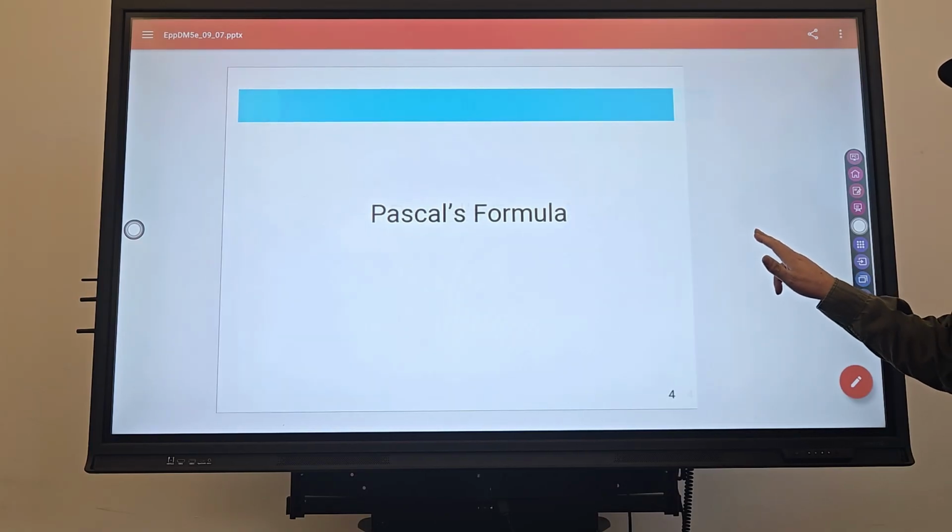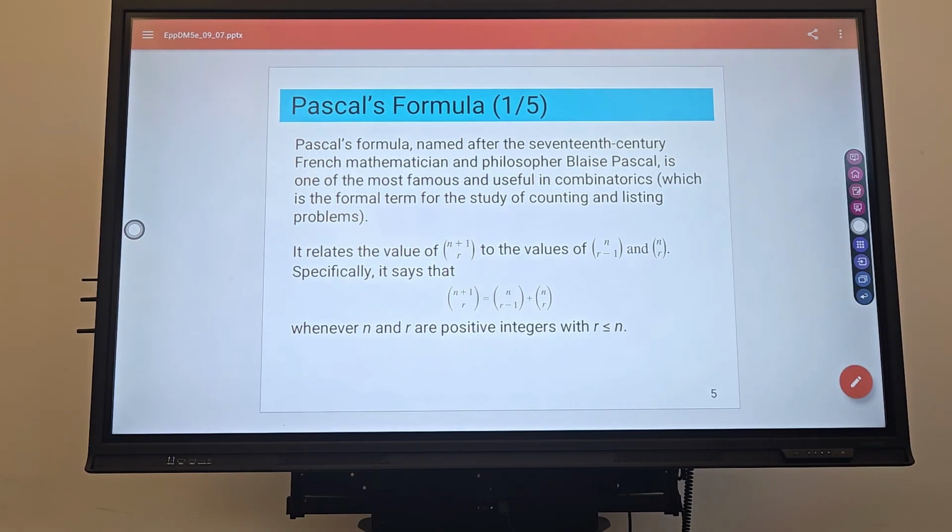Pascal's formula, named after the 17th century French mathematician, is one of the most famous and useful in combinatorics, which is a formal term for the study of counting and listing problems. It relates the value of n plus 1 choose r to the values of n choose r minus 1 and n choose r.